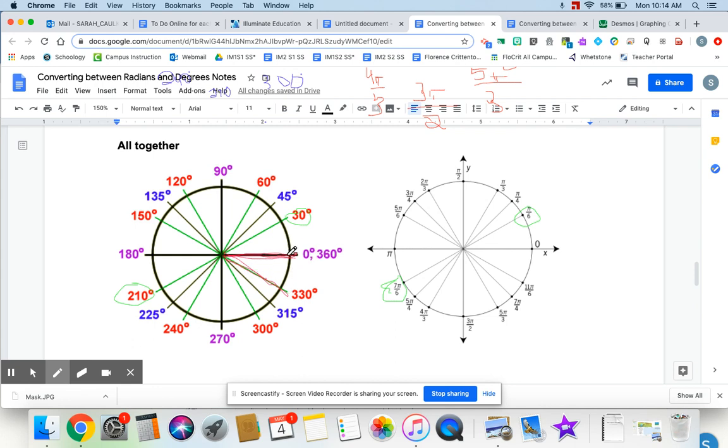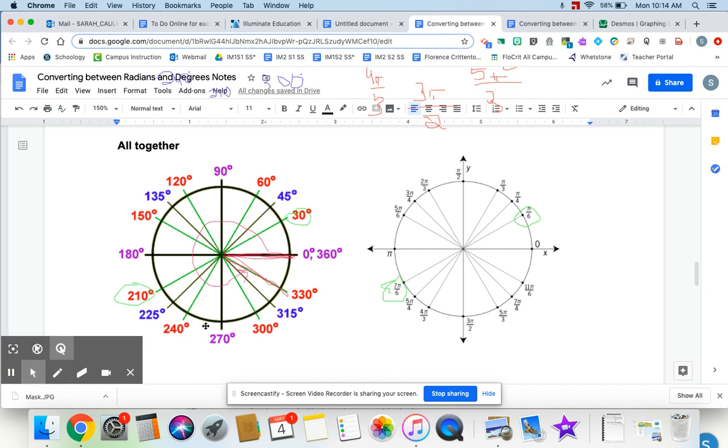The whole 330 would be starting here and going all the way around to here. That's the angle 330, when you start at 0 and go all the way around. Because you always start here and then move counterclockwise around the circle to get your degrees.